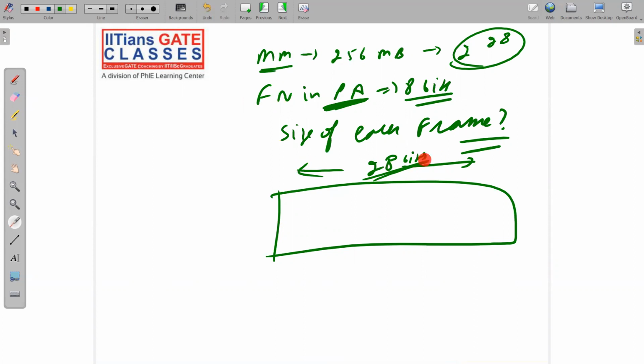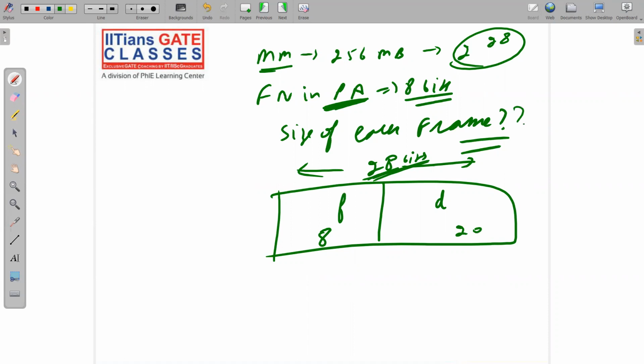So 28 bit is the size of the physical address, and the physical address is divided into two parts, F and D. The frame number is 8 bits, so the offset will be 20 bits. Obviously, 28 minus 8 is 20.